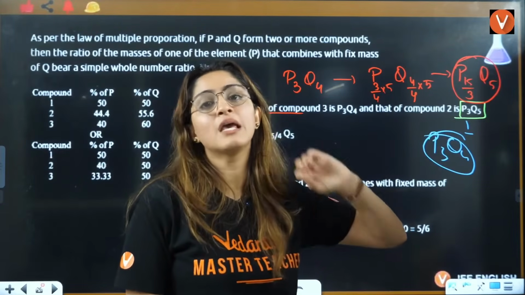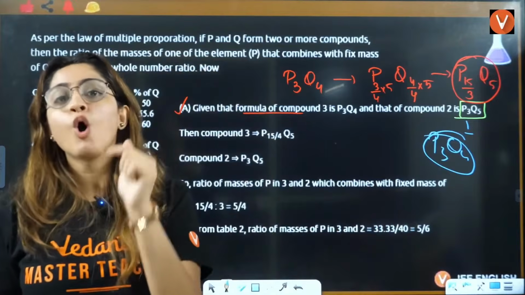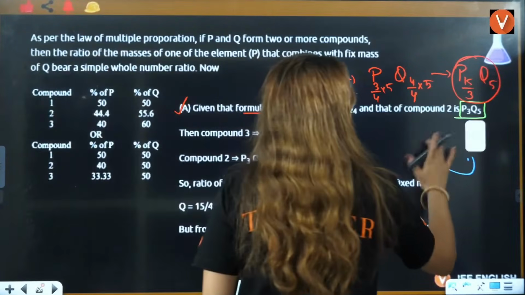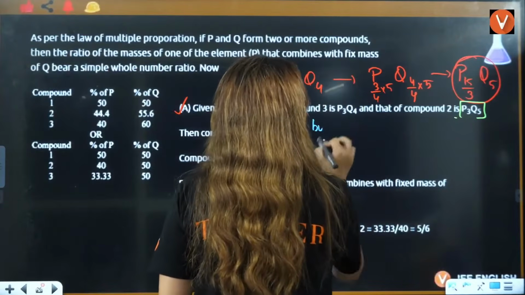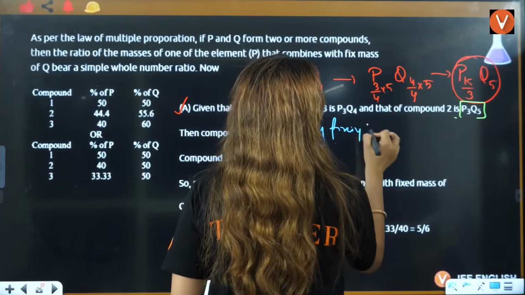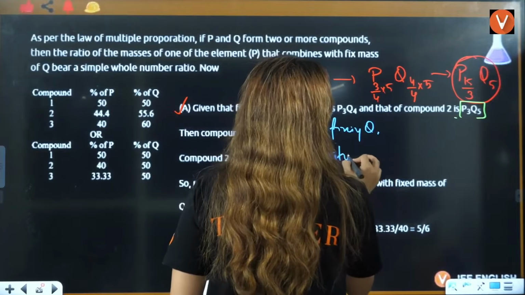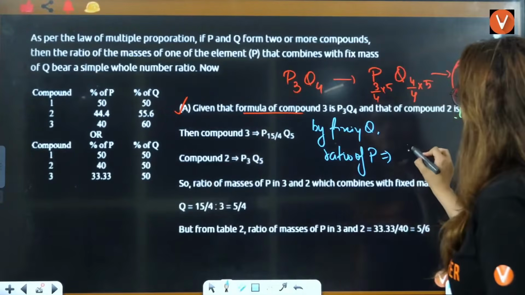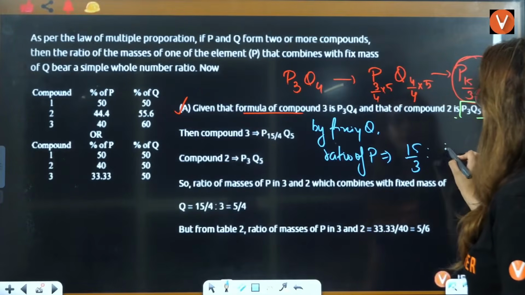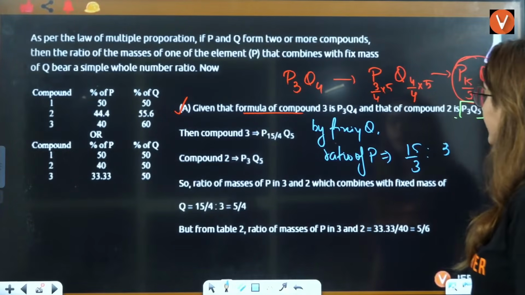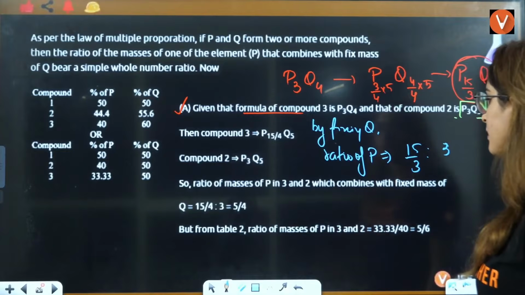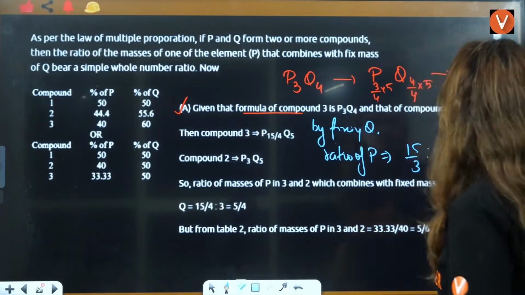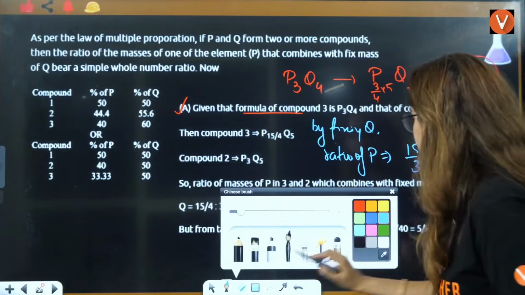You just need to see, by fixing Q, what is the ratio of P that you are having. By fixing Q, the ratio of P is here 15 by 3 and this is 3. Right? Okay. So that is nothing but, wait a minute, that is 15 by 4, na? My bad. This will be 15 by 4.